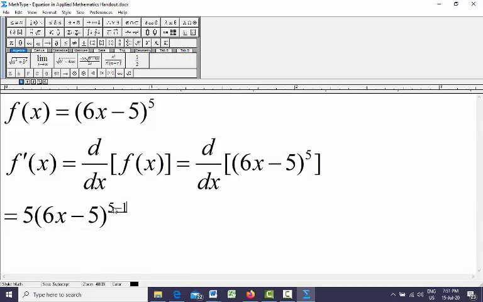So this is the rule of power for differentiation.